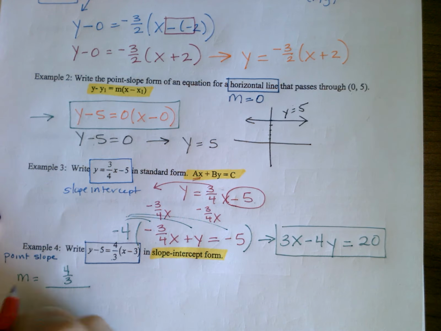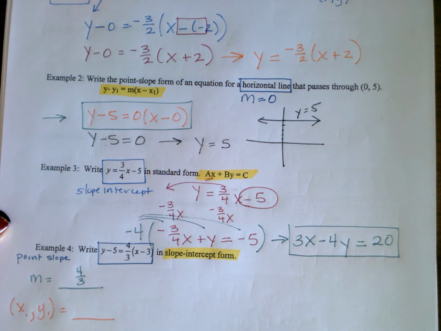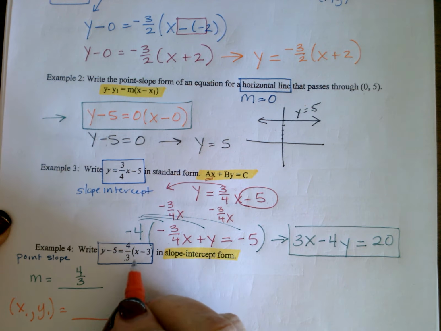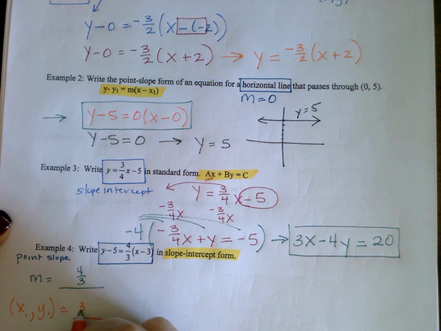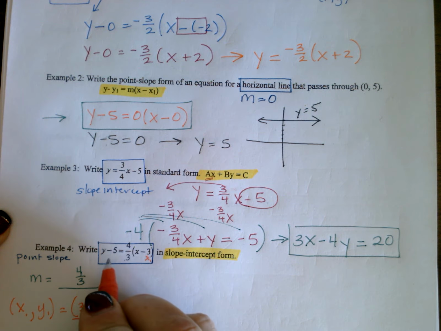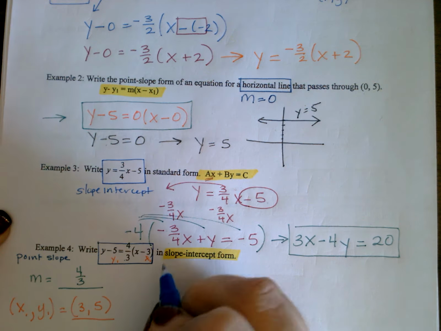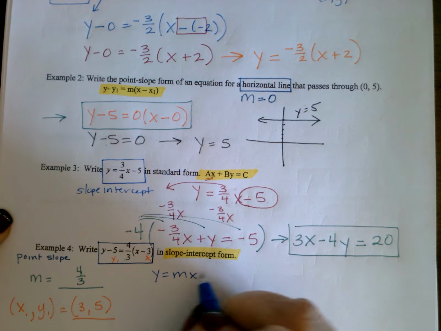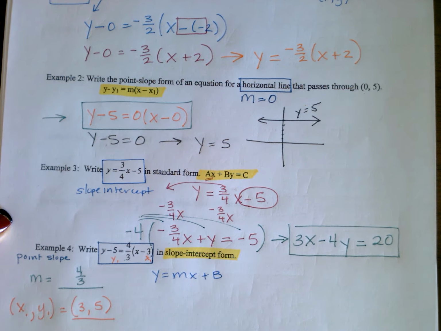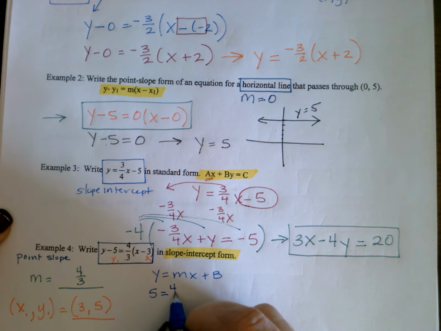Hopefully you said 4/3. When I look at that same equation, what is my given ordered pair? Well, hopefully you say 3, 5. Here is your x, and there is your y. Okay, this is things we've been doing before. I'm looking for slope-intercept form.